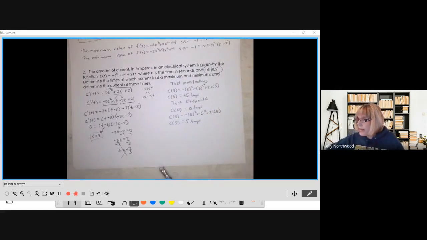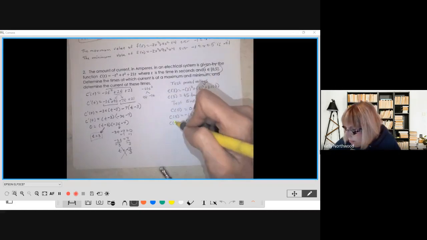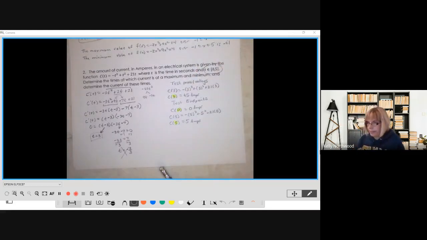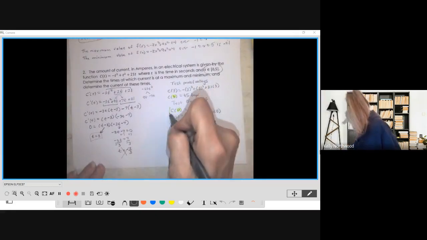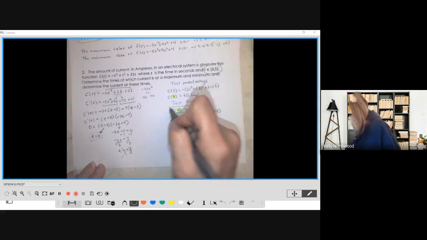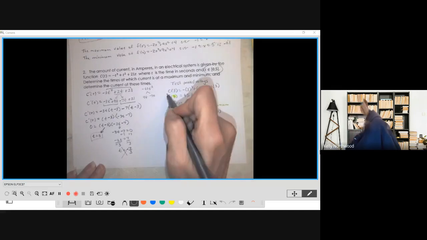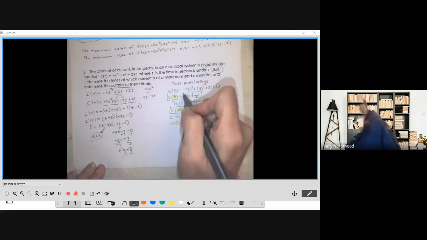And these are the times here, and they're in seconds. So the minimum is going to be here, smallest amount of amps. And the maximum is going to be here.